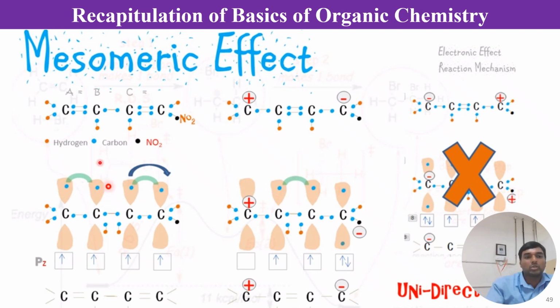Suppose you consider carbon with two bonds, CH double bond CH, NO2. When an electron withdrawing group, the NO2 group, is there, electrons move from the left side to the right side. As a result, this bond strength will be very high and it will form a permanent dipole.